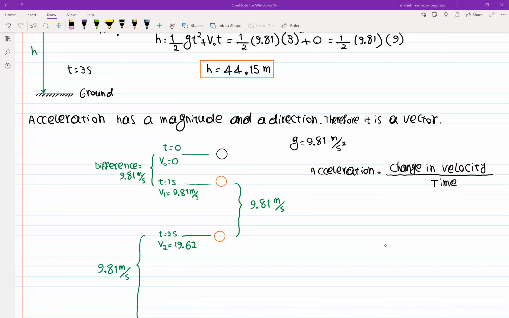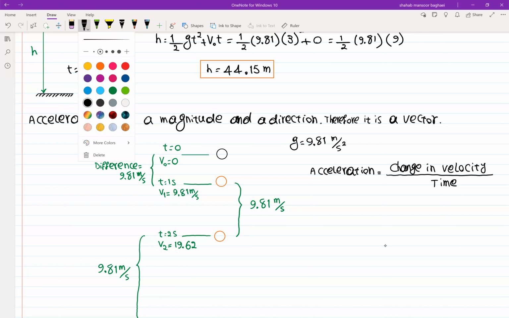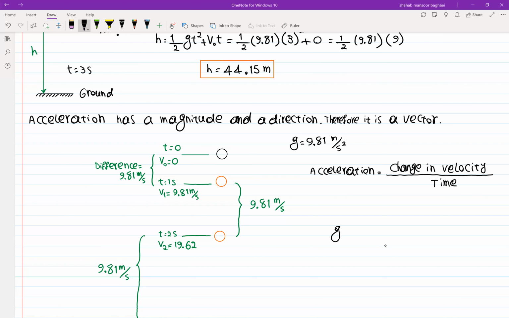It means gravity of the moon is equal to gravity of the Earth divided by 6, and it is less than 9.81. If you calculate this one, it is 1.64 meter per second square.